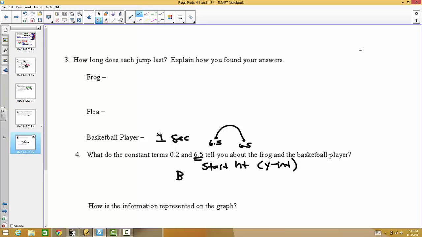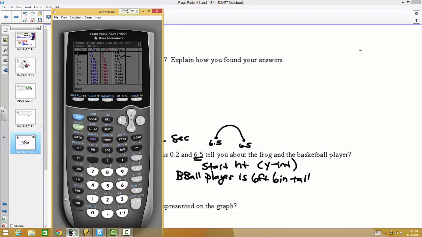So the basketball player is 6 feet, 6 inches tall. That's 6.5 feet. All right, so we're going to go back to the calculator, and we're looking at the table here, and we're noticing that, this is really exciting, the flea has symmetry.